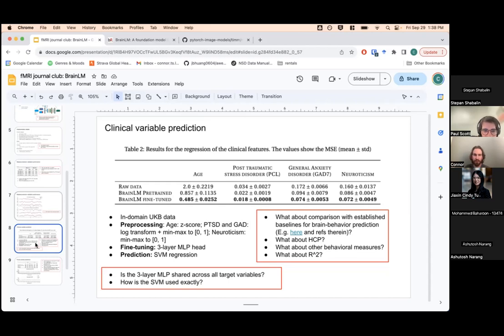Okay, but in general, what the results show is that compared to the baseline of training SVM on the raw fMRI data, you get some improvement from using the BrainLM frozen features, and you get some further improvement from using the BrainLM features plus fine tuning.